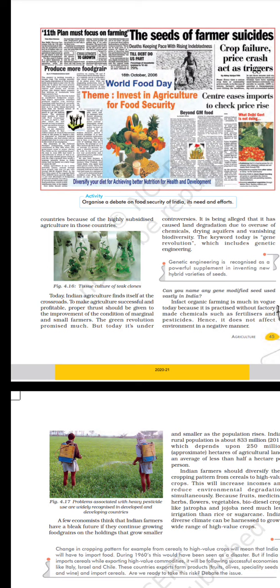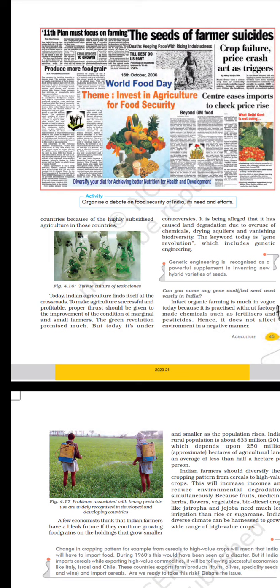It is being alleged that it has caused land degradation due to overuse of chemicals, drying aquifers and vanishing biodiversity. The keyword today is Gene Revolution, which includes genetic engineering. Genetic engineering is recognized as a powerful supplement in inventing new hybrid varieties of seeds.